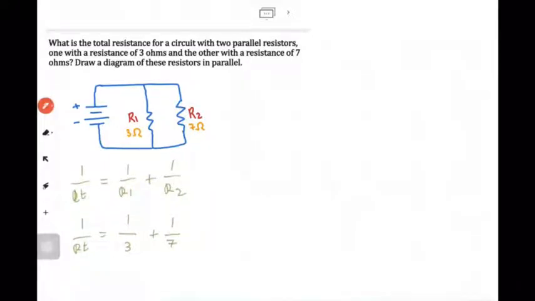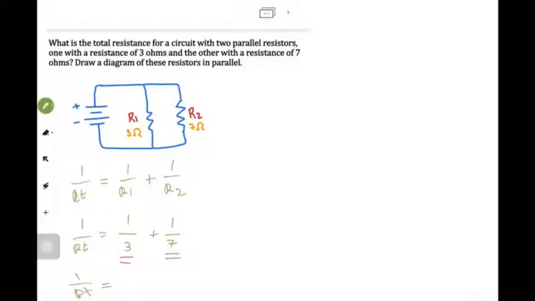So now we have to calculate the total resistance. First of all, resistor 1 is 3 and resistor 2 is 7. Now we cannot add these fractions until the denominators are the same. What do 3 and 7 both go into? They will both go into 21.